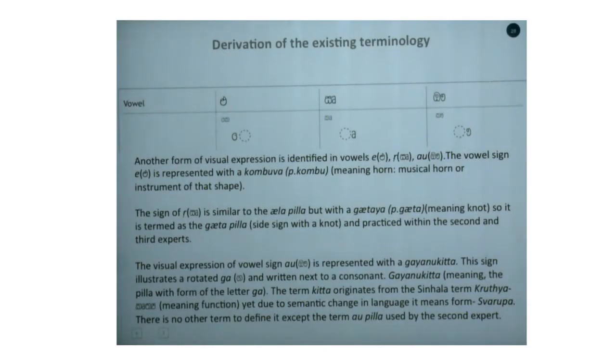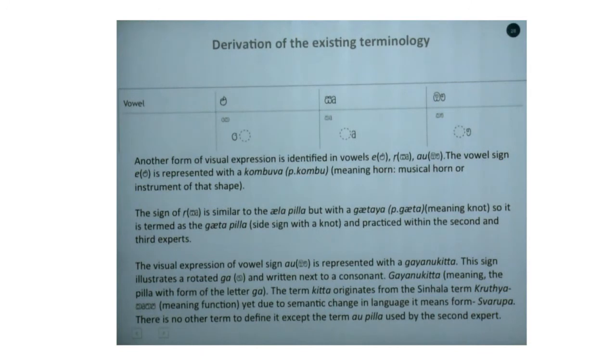And then we have the Au sign, which is an expression of the shape of the G consonant. The sign illustrates the rotated G written next to a consonant. So we use the term Gainukitta for this, which means pillar with the form of the letter G. When I was trying to find the origin, the Tamil word kittam means next to, whereas another definition was krutya.